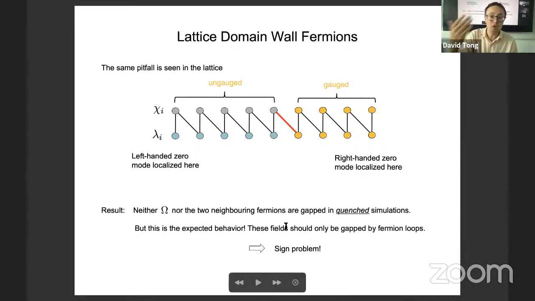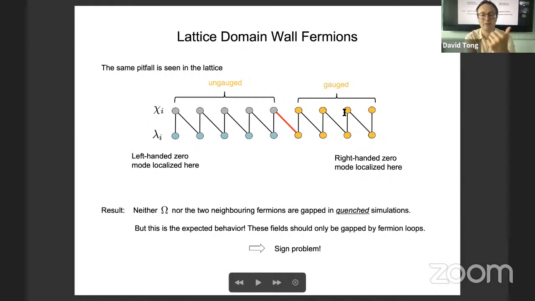However, we know from the anomaly perspective that you shouldn't possibly find that this mode decouples until you do the one loop diagrams, because the one loop diagrams are precisely how you compute the Chern-Simons term, and you see whether this mode is there or not. Sadly, it's not going to be possible to do the one loop diagrams, precisely because there's a sign problem for this theory.